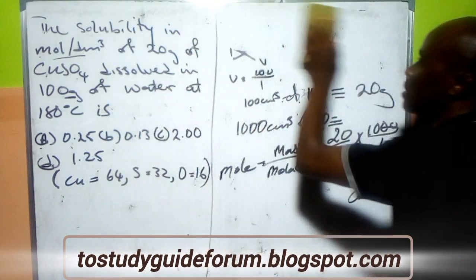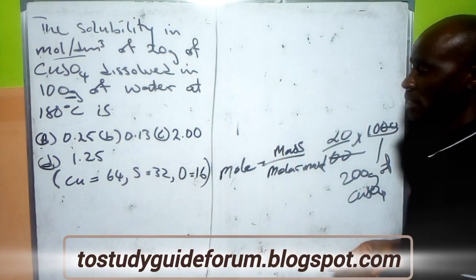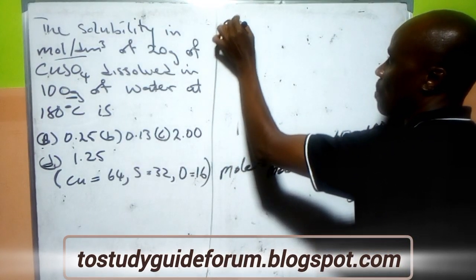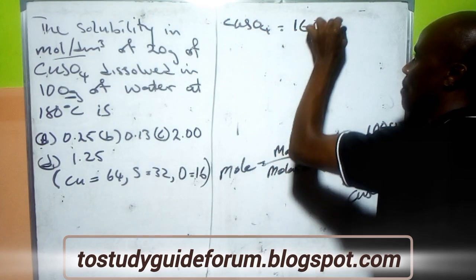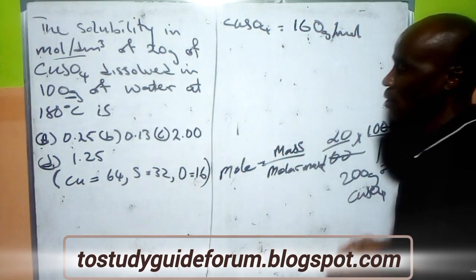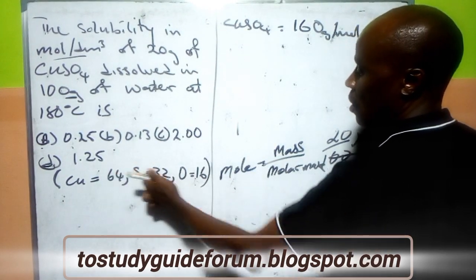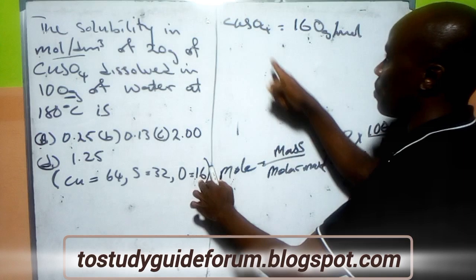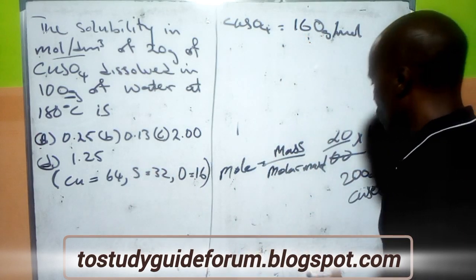We have our mass, and we can also get the molar mass. The molar mass of copper sulfate is 160 gram per mole. If you don't know how to get this, just sum the atomic masses: 64, 32, and 16 multiplied by 4, which gives 64. When you add it up together, you arrive at 160.